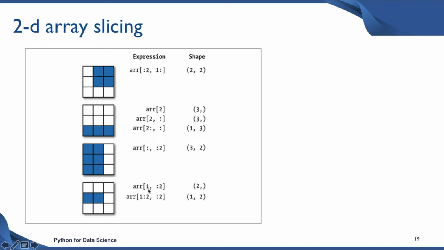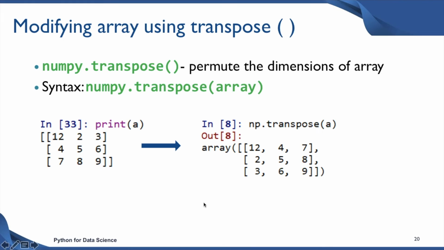We want only the first row, so this will come, and columns 0 to 2, right? So this helps in giving us a 1D array, right? Similarly in this operation, slice from 1 to 2 and columns 0 to 2, right? So we have 1x2, right?